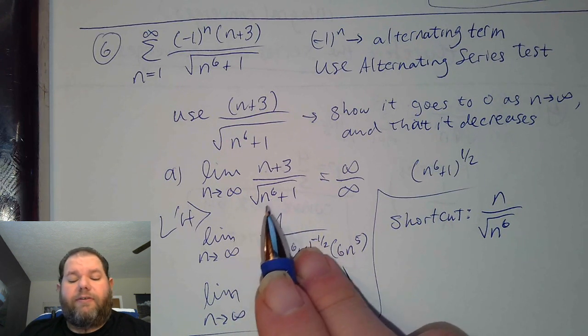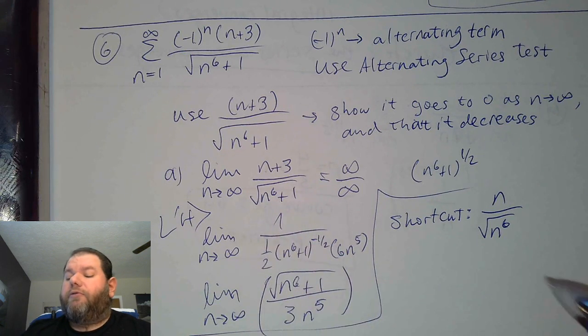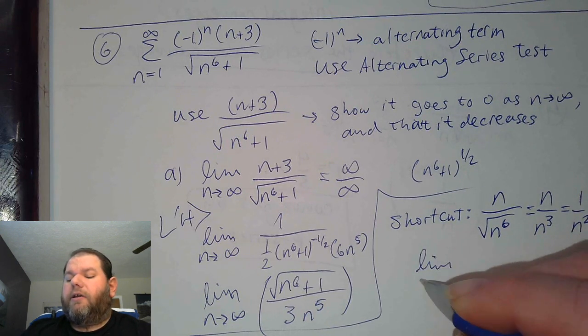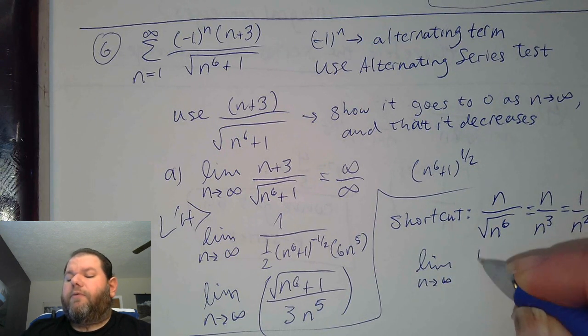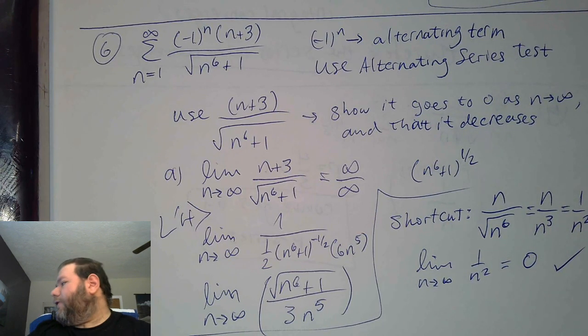N to the 6th is really the driving factor here. And the fact that it's a square root of n to the 6 means we actually have n cubed, and then n over n cubed is 1 over n squared. And so the limit as n goes to infinity of 1 over n squared is 0. And that checks out.